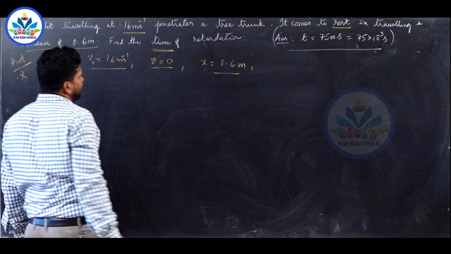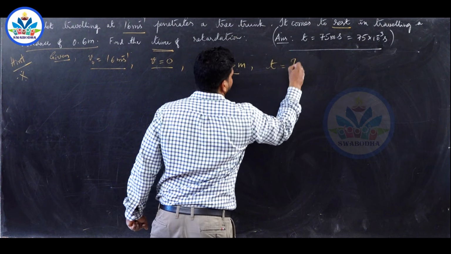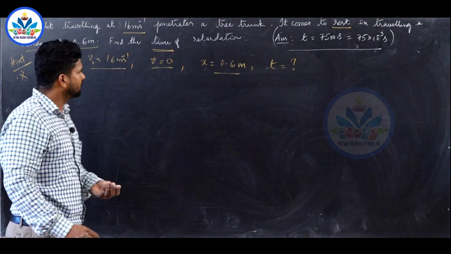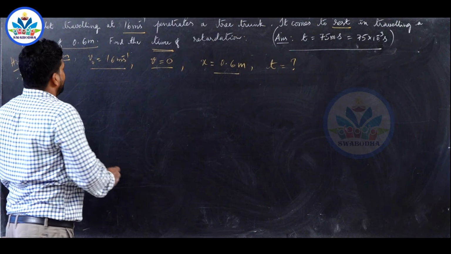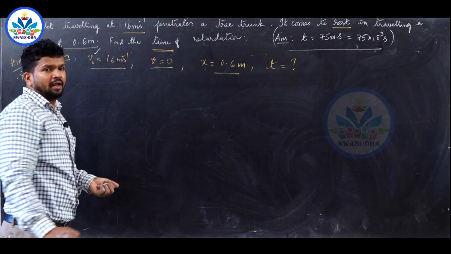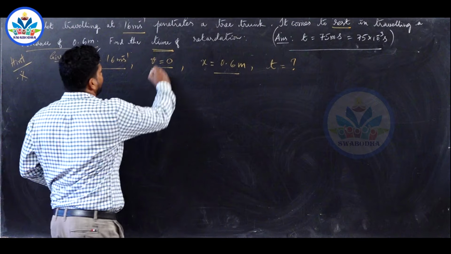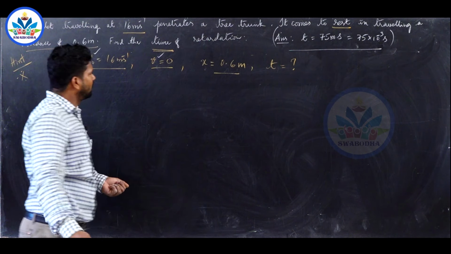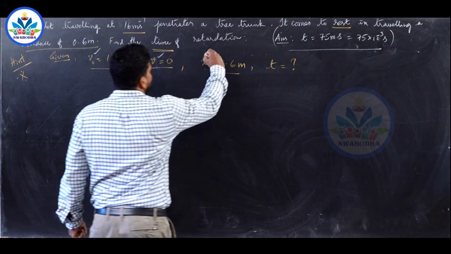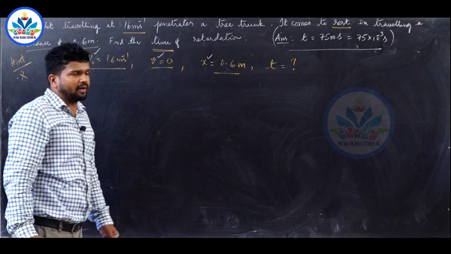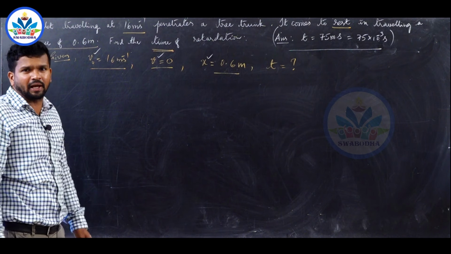Find the time of retardation. Time equal to how much? Initial velocity is given, final velocity is given, displacement is given. You are supposed to calculate time.